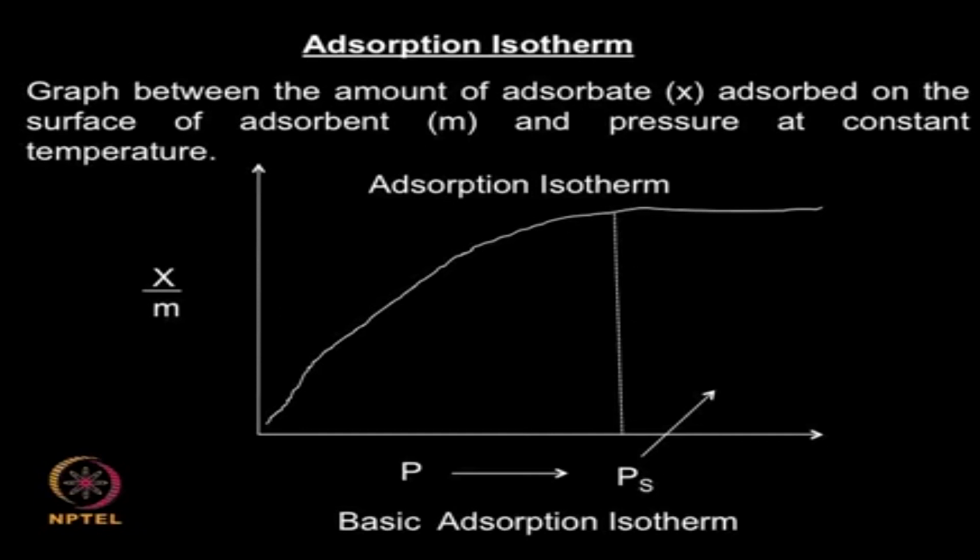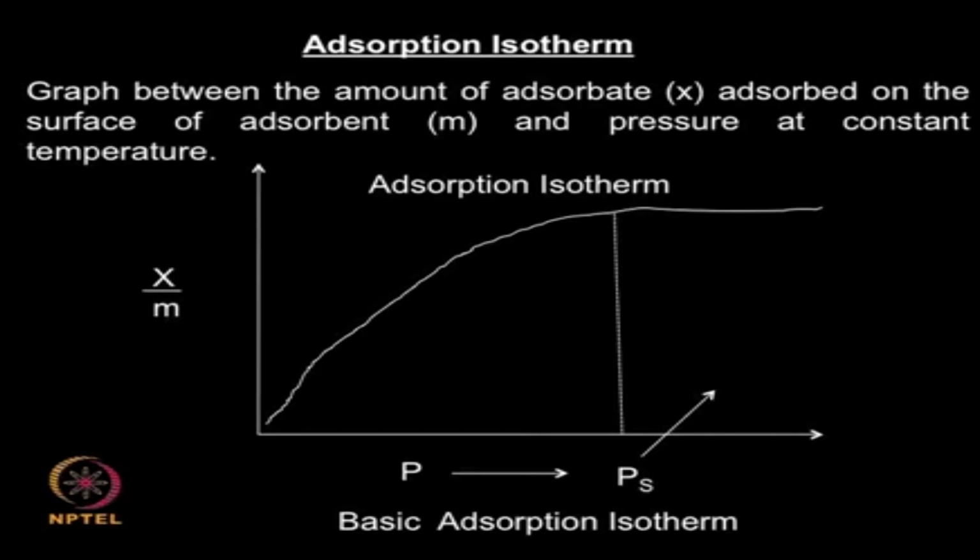This is a basic adsorption isotherm, but there are situations where you might not reach a plateau, or you may reach a plateau but then see some more increase, when there is multilayer adsorption taking place after the formation of a monomolecular or uniform single layer.